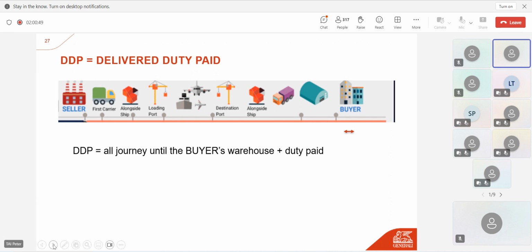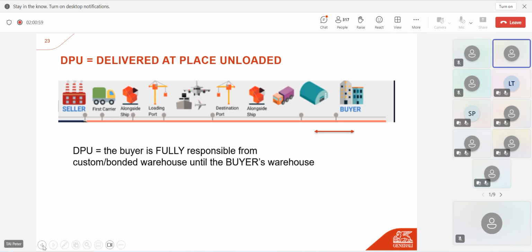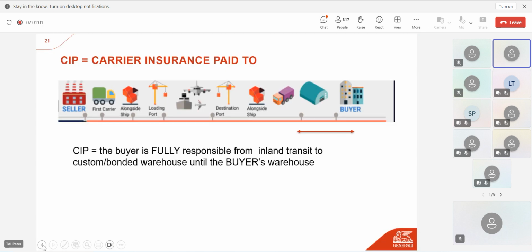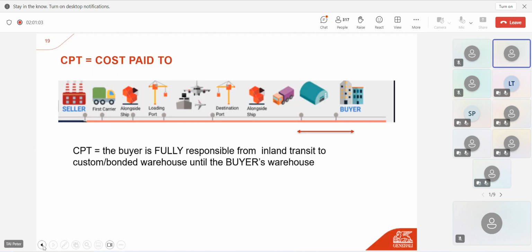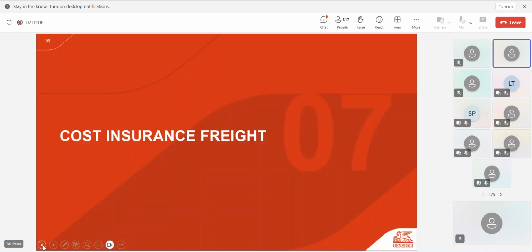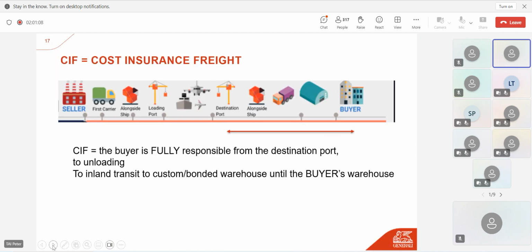Okay, so basically, I want to reiterate, the most common ones are: DAP, not very common, warehouse to warehouse. CIP, not very common. CPT, cost paid to, not very common. CIF is common, cost insurance freight, all up to the destination port.